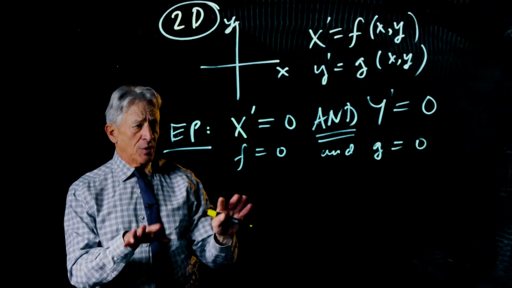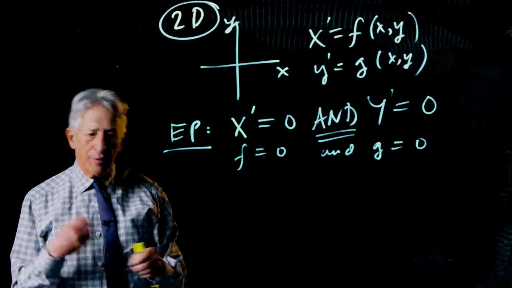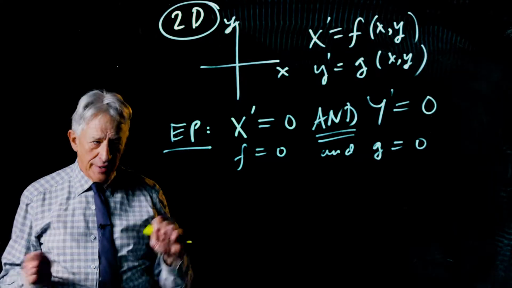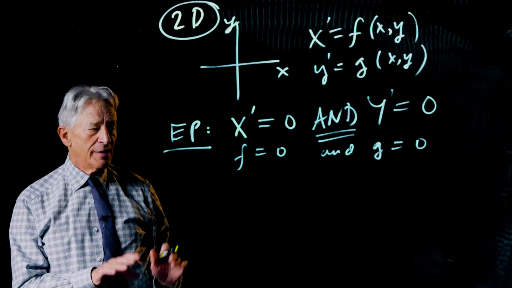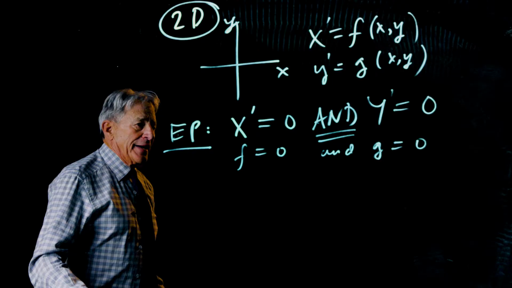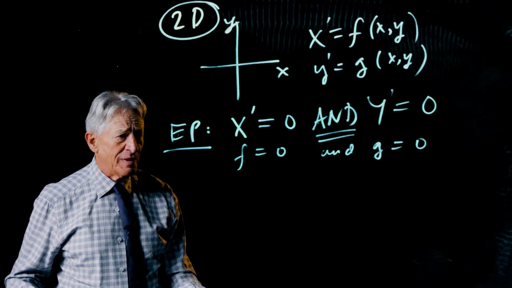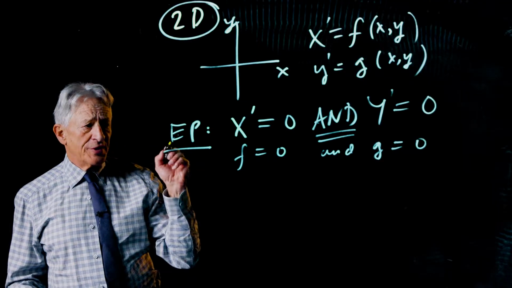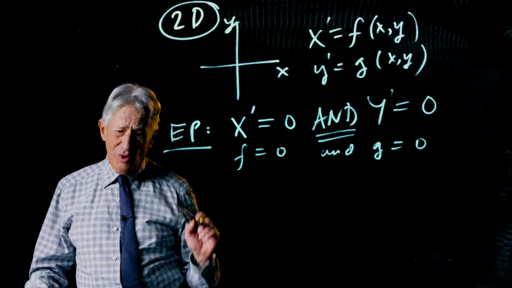And we find the equilibrium points in the same way by setting f and g equal to 0 and then doing a lot of high school algebra to figure out what values of x and y satisfy that. And then we have the question of stability. And stability is going to be a lot trickier in 2D than in 1D.